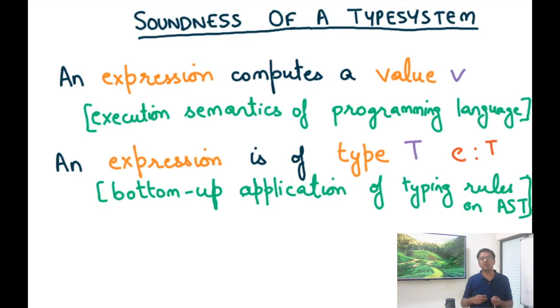But that rule does not agree with the execution semantics of the language, because in the execution semantics, the plus operator is supposed to indicate addition, and it's not clear how you could get a string from addition. So the typing rule will not agree with the execution semantics, and that is where the notion of soundness comes in. Informally speaking, a type system is sound if all the rules in the type system agree with the execution semantic rules. All right.